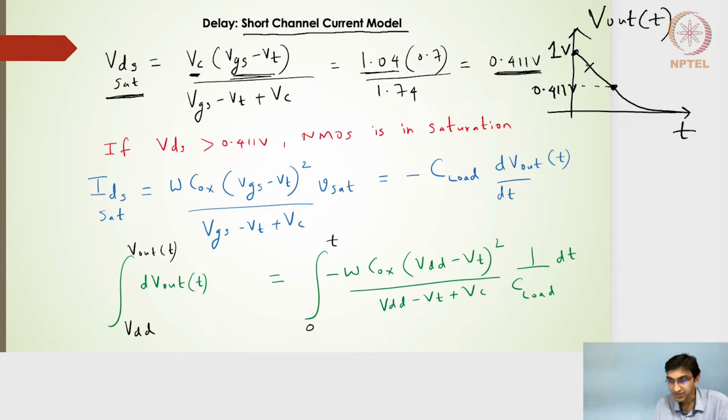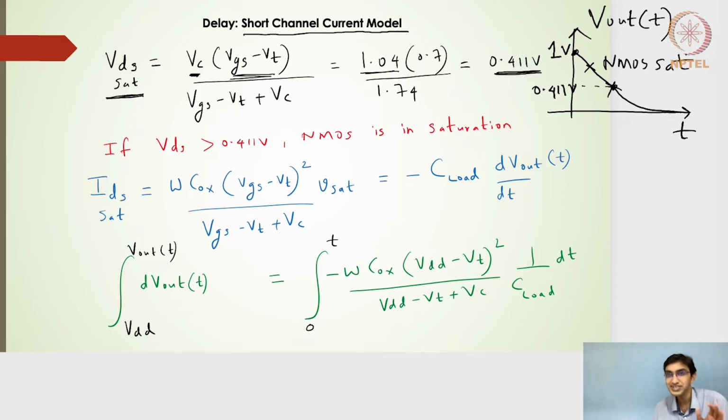Whenever the output voltage is above 0.411 volts, the NMOS transistor is in saturation. Till it reaches 0.411 volts, the NMOS transistor will be in saturation, so I'm going to write this as NMOS is in saturation.